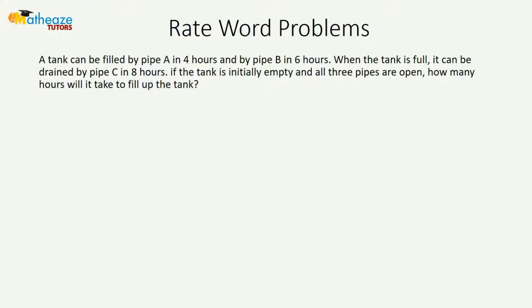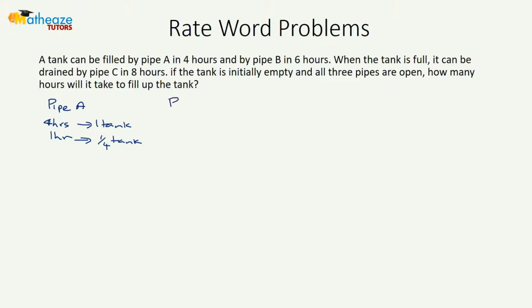So let's start with pipe A. Pipe A requires 4 hours. So what is the rate of work? You have one tank, so 4 hours are required to fill one tank. So in 1 hour, pipe A fills 1/4 of the tank.